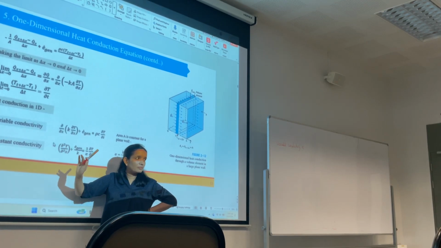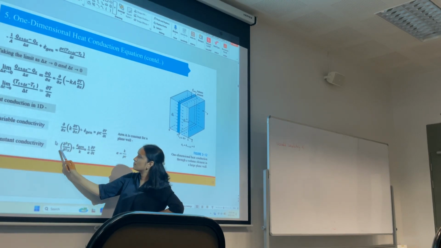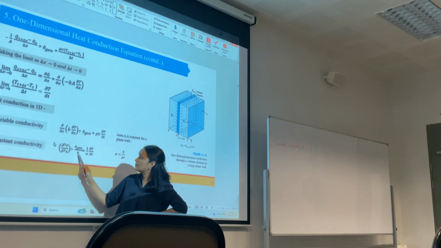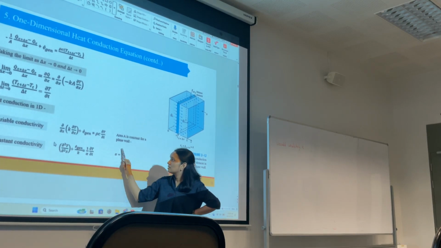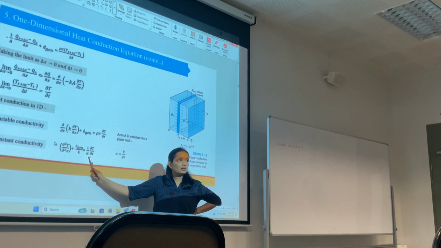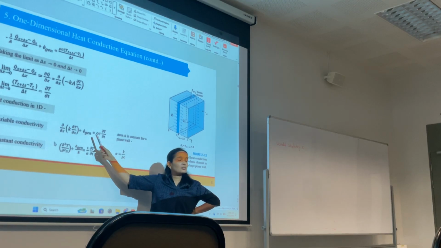You take K outside and you divide the whole equation by K. Divided by K, divided by K, divided by K. This you can replace with alpha. This is when you are studying heat transfer in a plane wall.